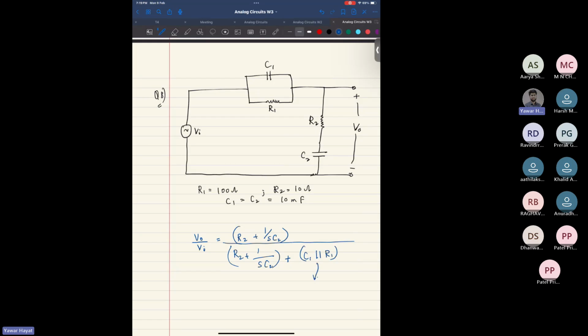Then how much is this? This is R1 times 1 by SC1 whole divided by R1 plus 1 by SC1, correct?